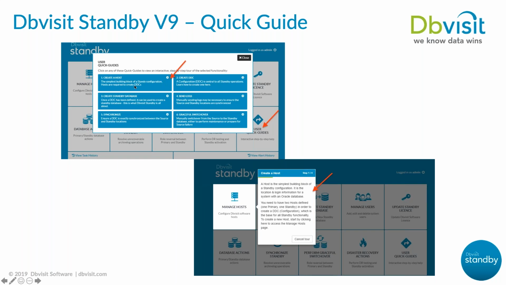For example, if you choose create host, it will take you to the manage hosts option, and it will give you a nice description of that. And if you click on manage hosts, it will actually allow you to fill in the information. So this is aimed at people who are new to the product, who don't know the product that much, who don't know Oracle that much.